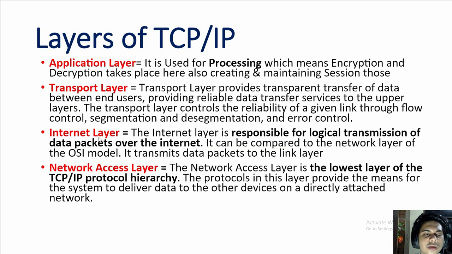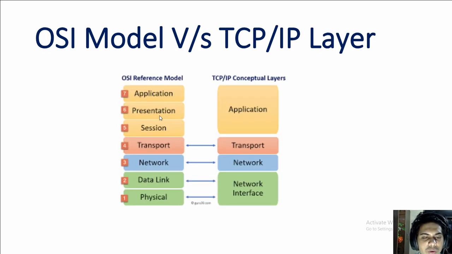Now let's talk about the internet layer. The internet layer is responsible for the logical transmission of data packets over the internet. As I told you in my OSI model video, the network layer and this layer are the same. Here you can see that the data packets come and go from this layer.